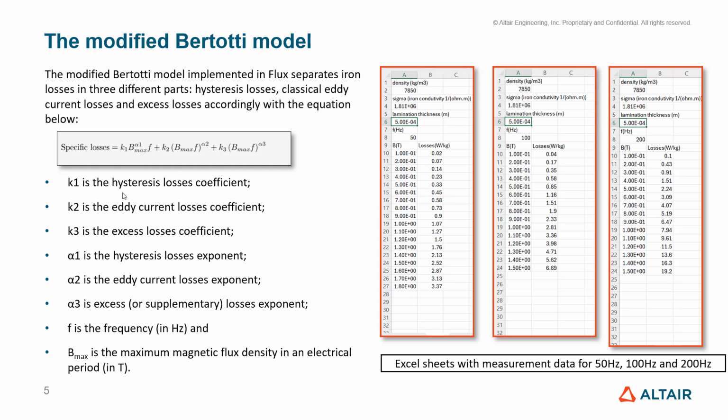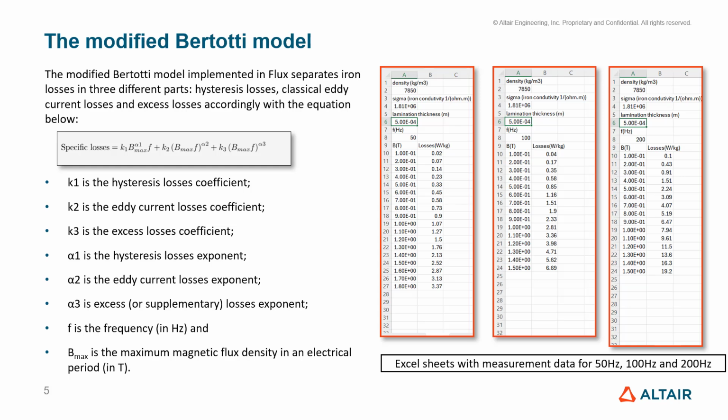Here, K1 is hysteresis loss coefficient, K2 is eddy current loss coefficient, K3 is excess loss coefficient. Alpha 1, alpha 2, and alpha 3 are exponents of hysteresis, eddy current, and excess loss, respectively. F is the frequency here, Bmax is maximum magnetic flux density in electrical period.